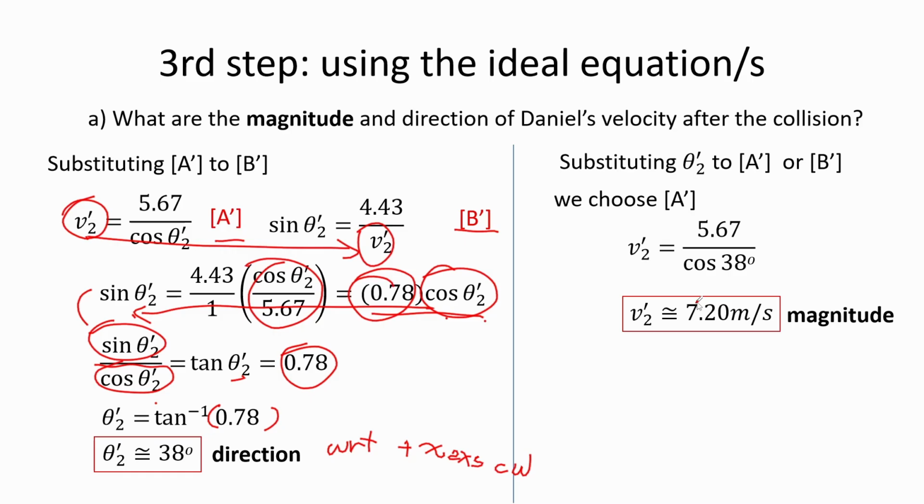The next one is the magnitude. So we choose equation A prime. V2 prime is equal to 5.67 divided by cosine theta 2 prime, which we know is 38 degrees. Substituting that gives you 7.2 meters per second as the magnitude. So we now have the magnitude and direction. That's for letter A.